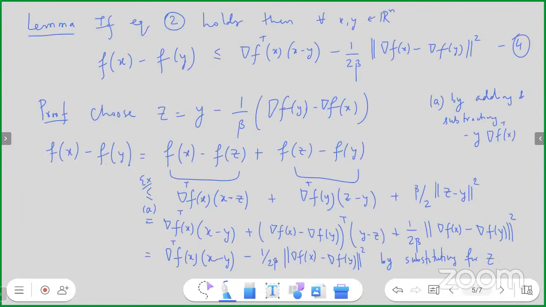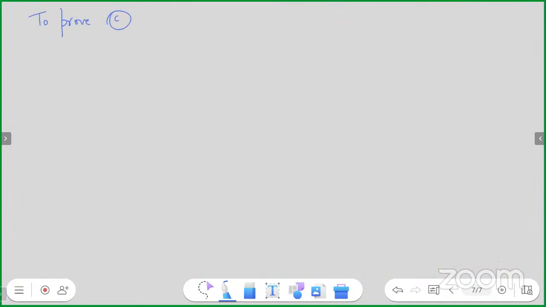That is why we even did all this. Using equation 4 or 5? 4.